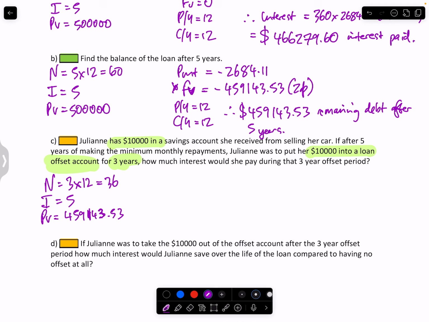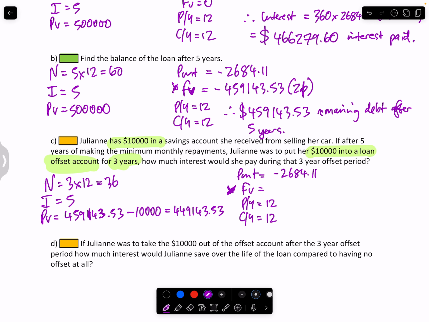But she's offsetting it by 10,000. So it's going to be 449,143.53. PMT was negative 2684.11. FV, we don't know what her debt's going to get down to after 3 years, so that's what we're working out, so that we can work out how much interest she paid in that time.